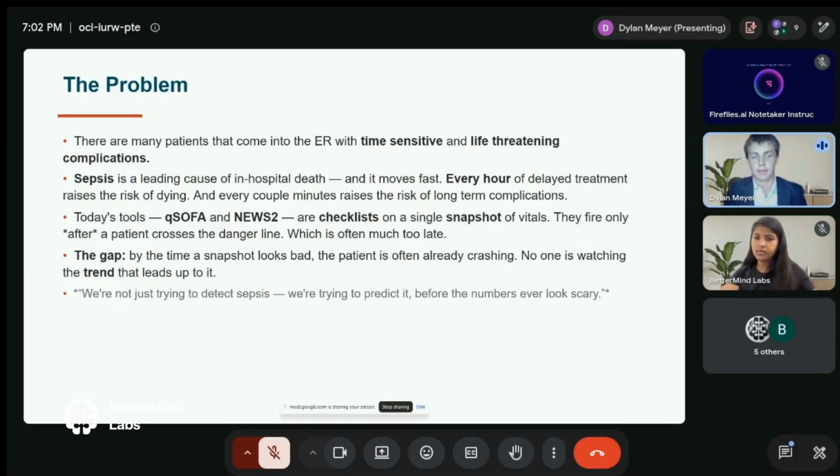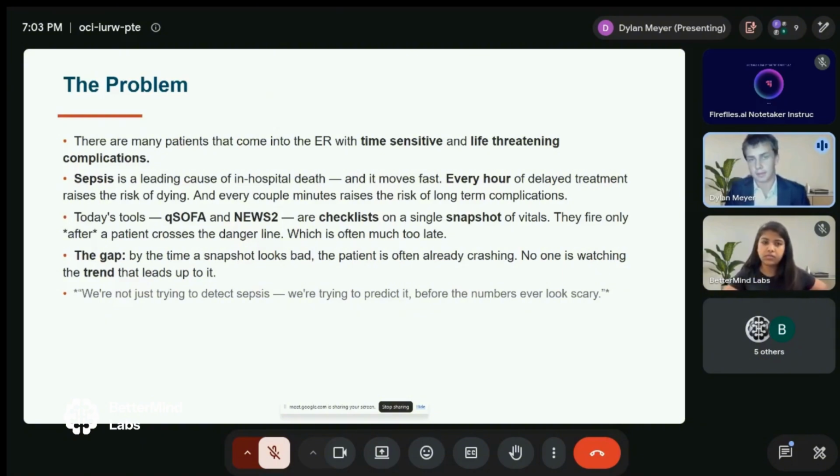In that time, a problem I've seen, which is what I developed this AI around, is that a lot of patients come in with complications that are extremely time sensitive. A lot of times it's too late when a doctor is able to treat a patient for a certain thing. Sepsis is the one disease that I modeled my MVP around.